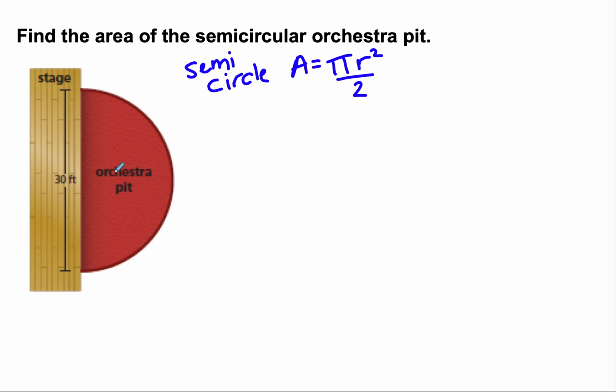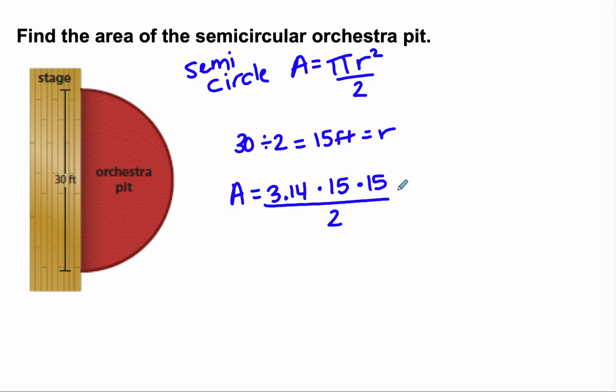All right, so here, if we look at this, our diameter is 30. We need the radius. So that means our first step is going to be dividing 30 by 2. 15 feet is going to be the number that we use for our radius. All right, so area equals pi, I'm going to use 3.14, times radius squared, so times 15 times 15.